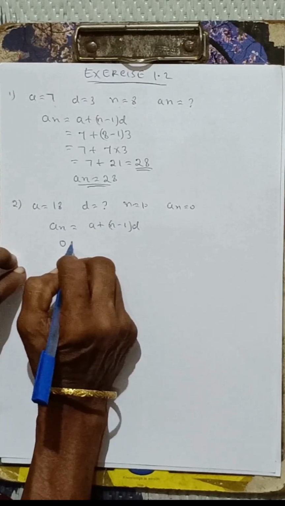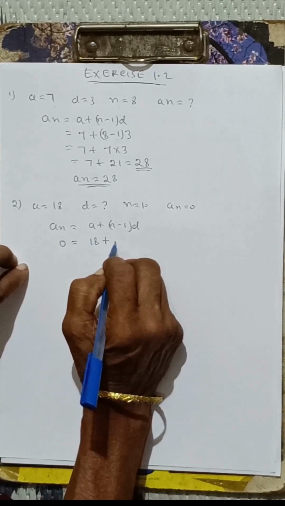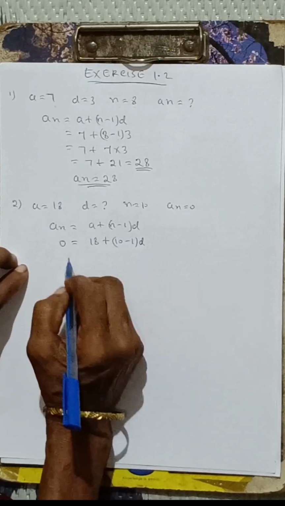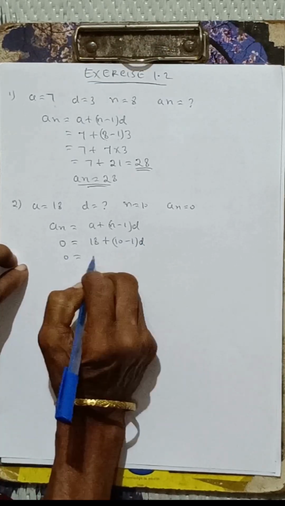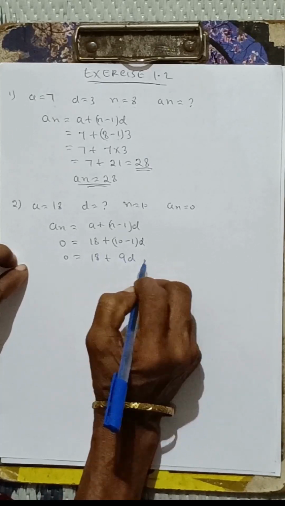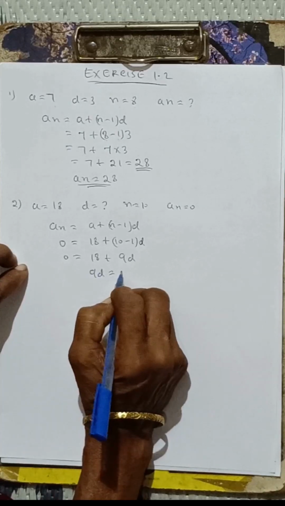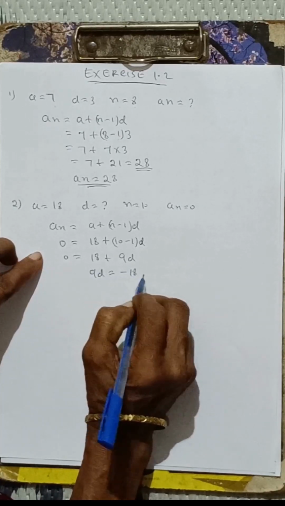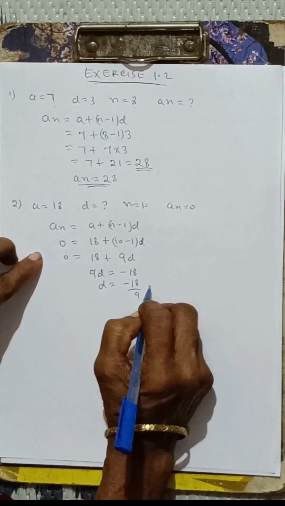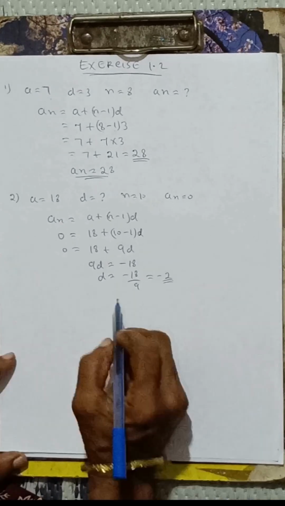Here an is 0, a is 18, n is 10 minus 1 into d. So 0 equal to 18 plus (10 minus 1), 9d. Again 9d equal to 18 comes to this side, it is minus 18. d equal to minus 18 divided by 9, which is minus 2. So the d value is minus 2.